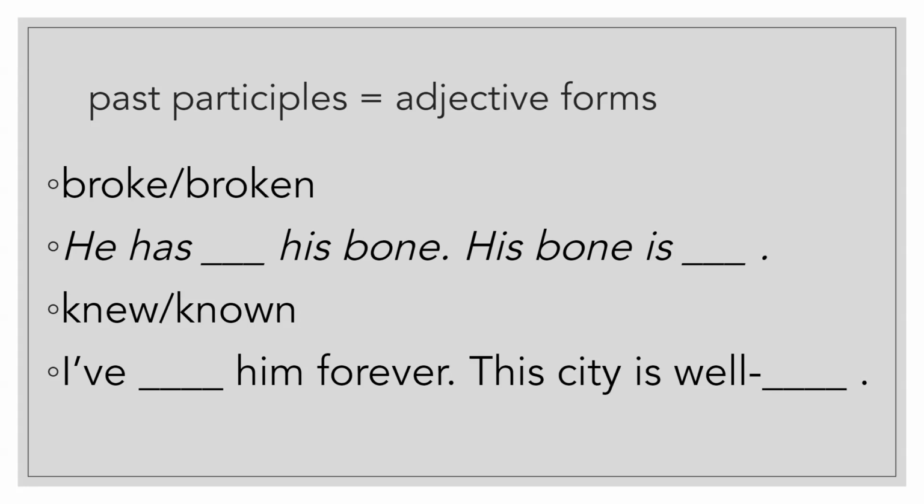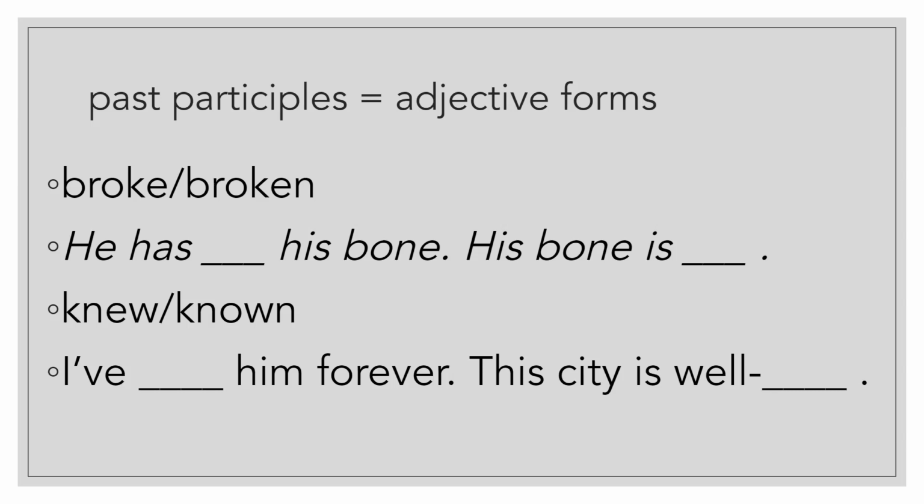If I'm talking about a friend that I have known forever, I've known him forever, that's the present perfect form of the verb. But this city is well known. We use the same past participle form as an adjective. So again, if you think of the adjective form of a verb, the form of the verb that we use to describe something, that's your past participle.